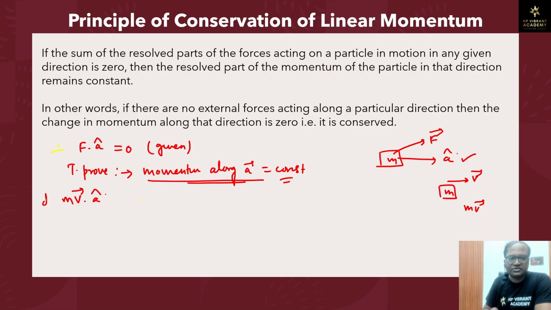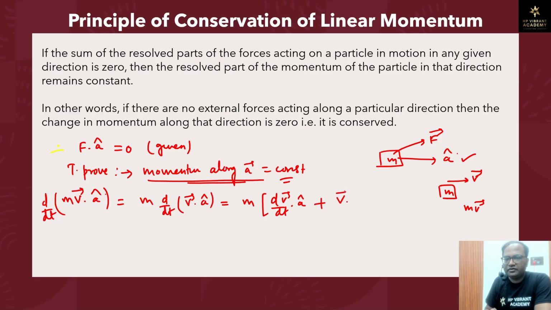Let us differentiate this. d upon dt of mv vector dot a is equal to m d upon dt of v vector dot a vector. Let us apply the product rule: m into dv upon dt dot a, plus v vector dot dA upon dt.